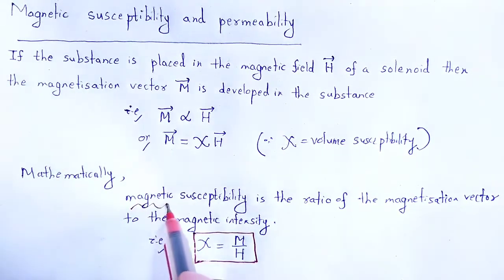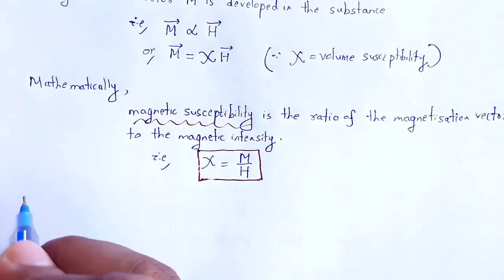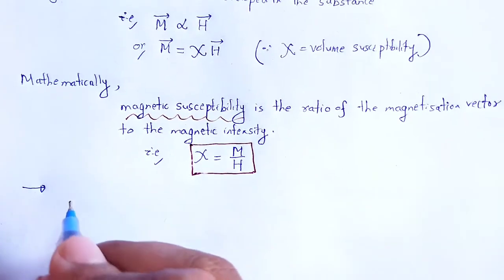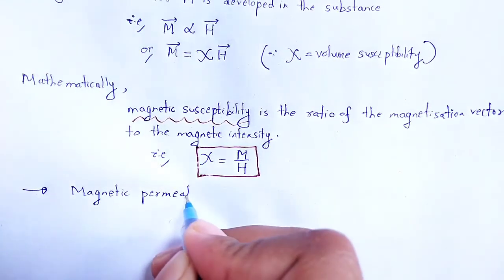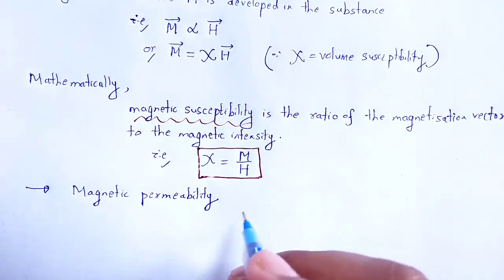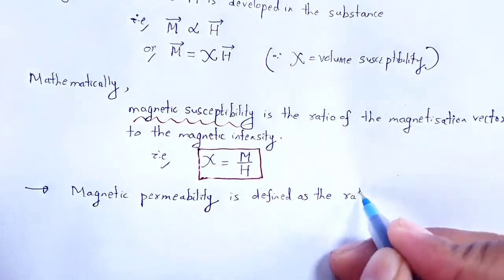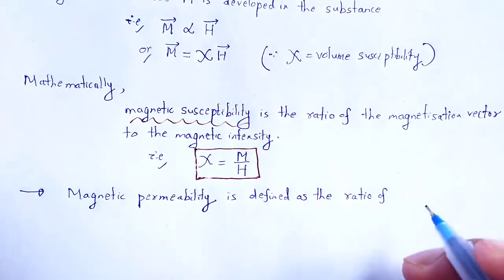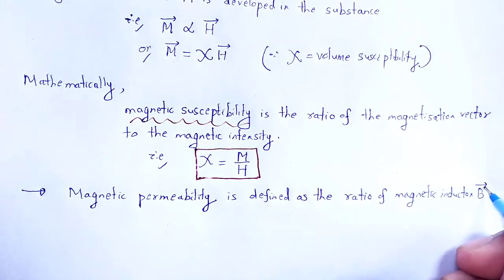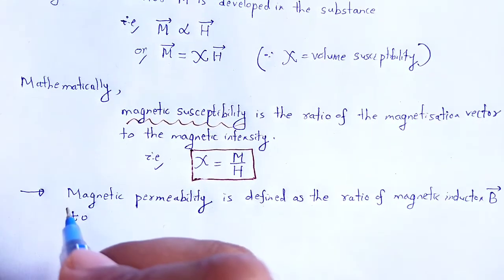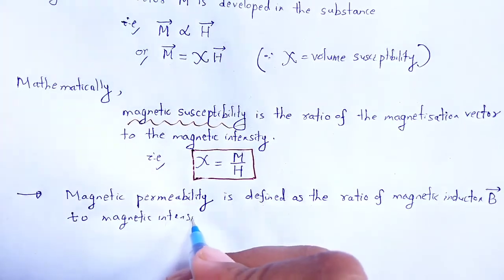That is magnetic susceptibility. Now, magnetic permeability is defined as the ratio of magnetic induction B vector to magnetic intensity H vector.